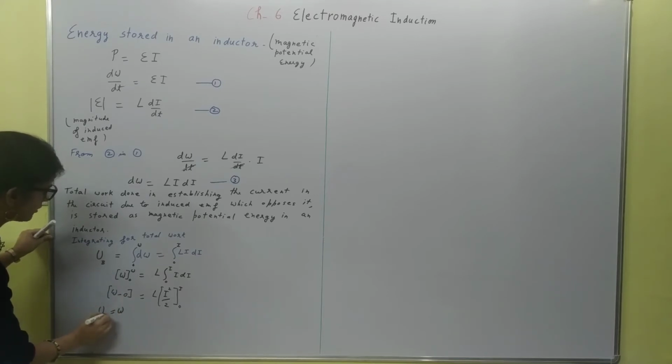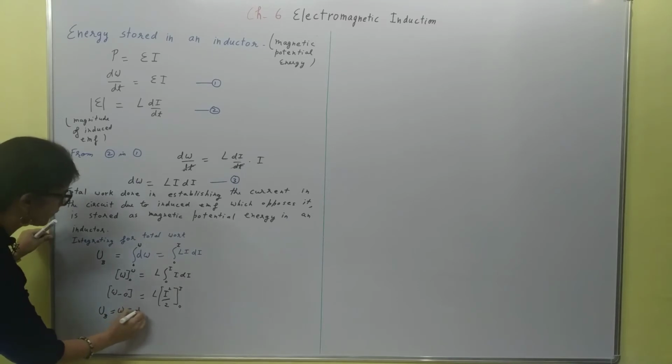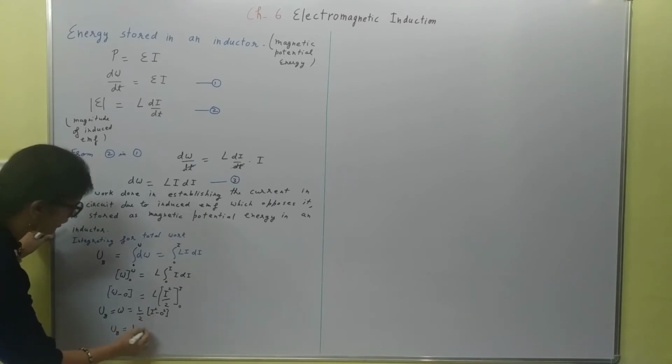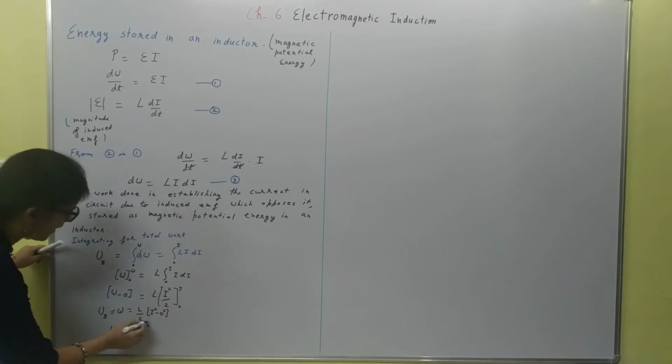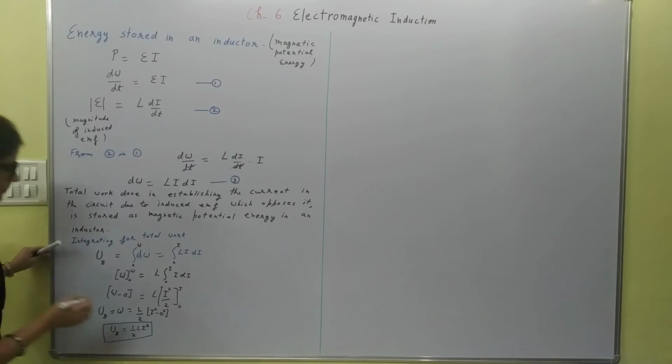So UB is equal to L upon 2 into I square minus 0 square. This step I have written just to explain. You could have skipped it and written directly. So the magnetic potential energy is half L I square.